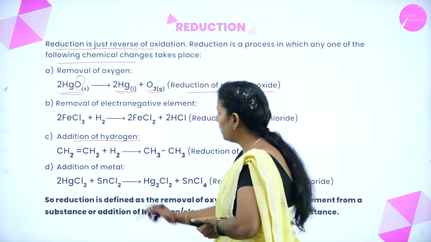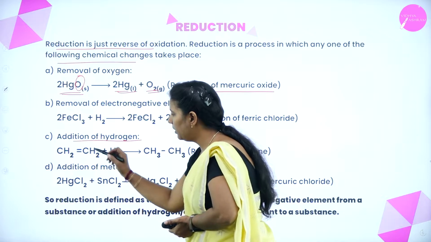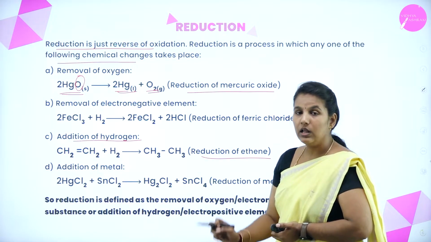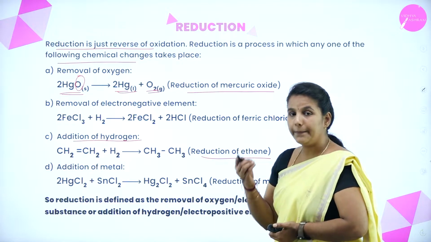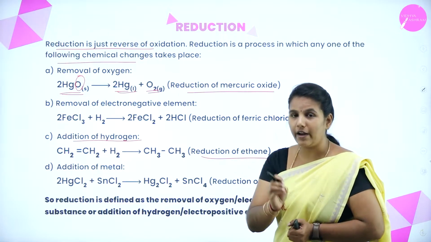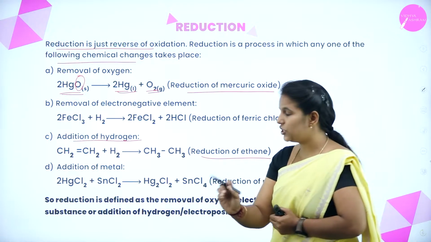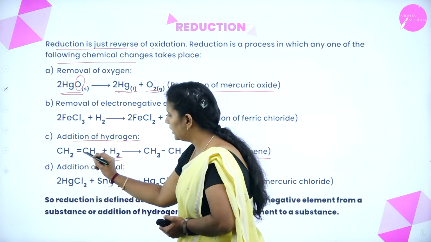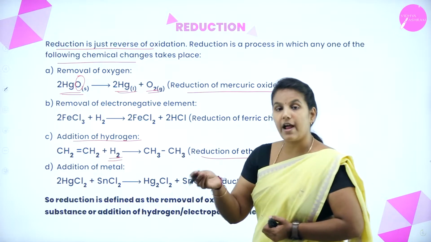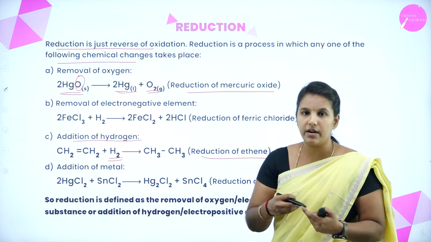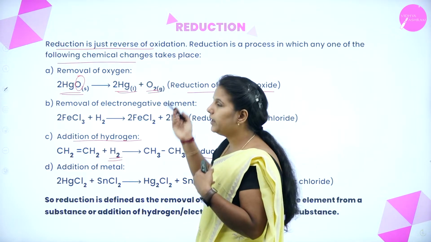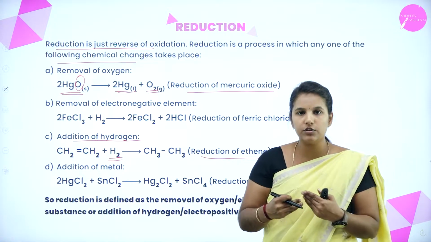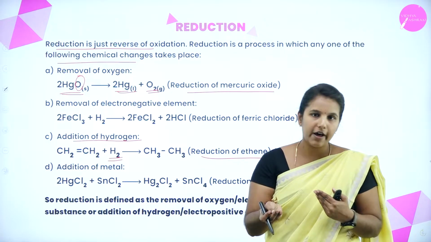So what will it form? Here hydrogen is added, and it undergoes reduction, because the addition of hydrogen is said to be reduction. That is why, adding H2 to this ethene molecule so that it becomes CH3CH3, you are adding hydrogen, hence it becomes a reduction. In the earlier case you were removing the oxygen atom, hence it was a reduction. But in terms of hydrogen, it is an addition of hydrogen.